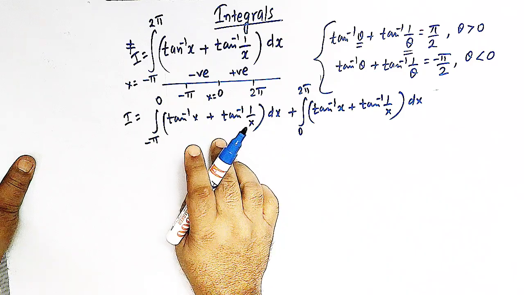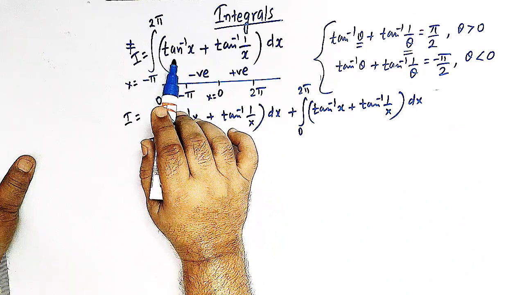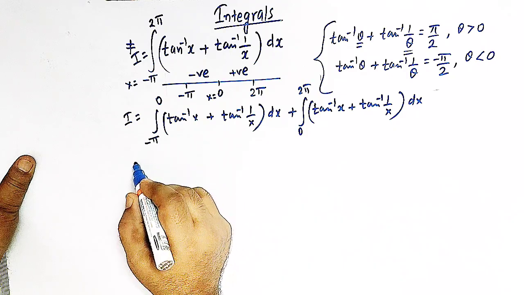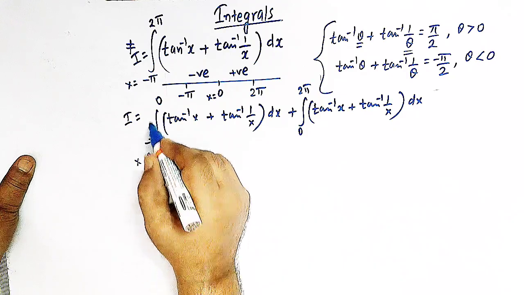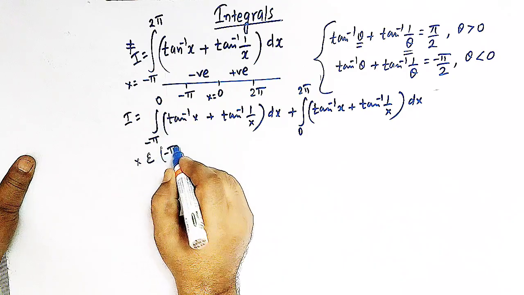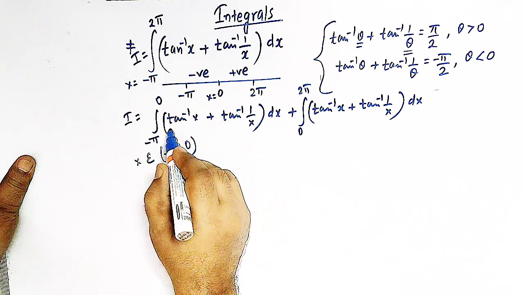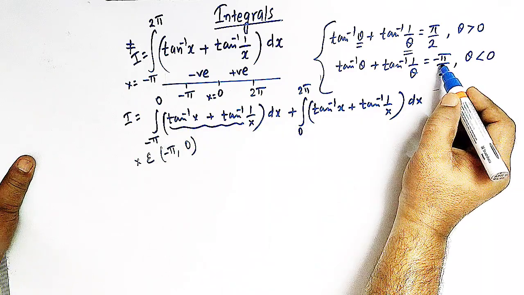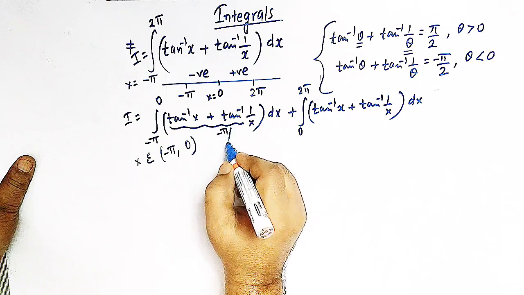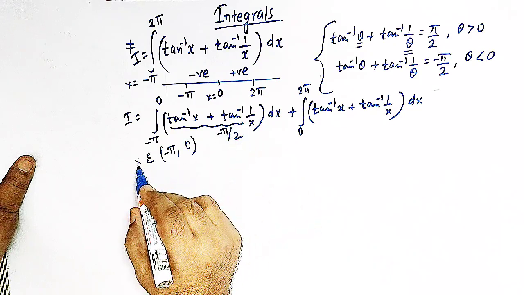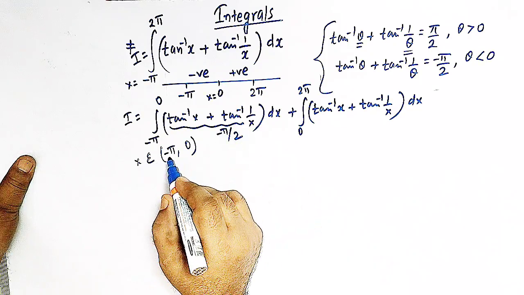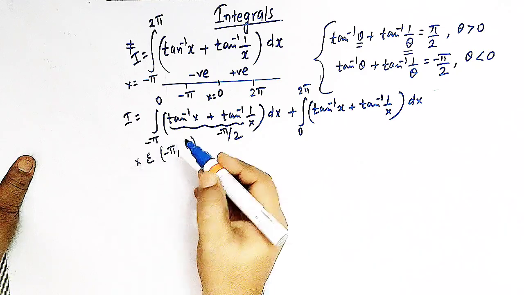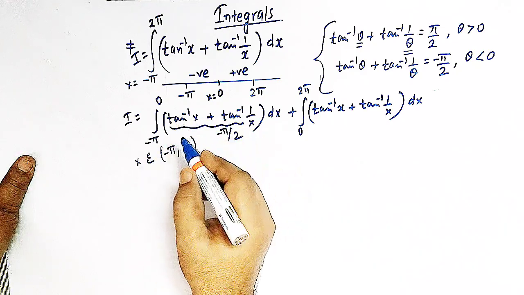So the purpose of splitting this integral into two parts is that when x belongs to this interval, that is from minus pi to 0, then the value of this expression is equal to minus pi by 2, because all the values of x which belongs to the interval minus pi to 0 are all less than 0, right?